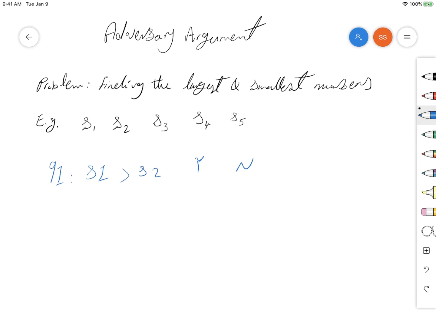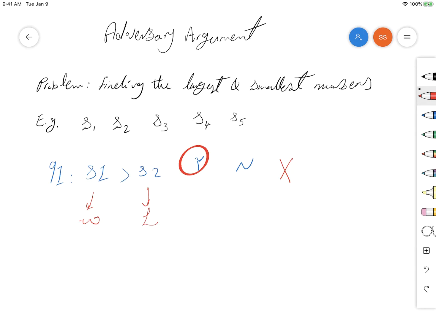So based on this definition, let's say that the answer is yes. If the answer is yes, it means that S1 is greater than S2. Then we change the status of S1 to W, for win, and we change the status of S2 to L. At first, both statuses are equal to some x. That means that the status of these two values is unknown.